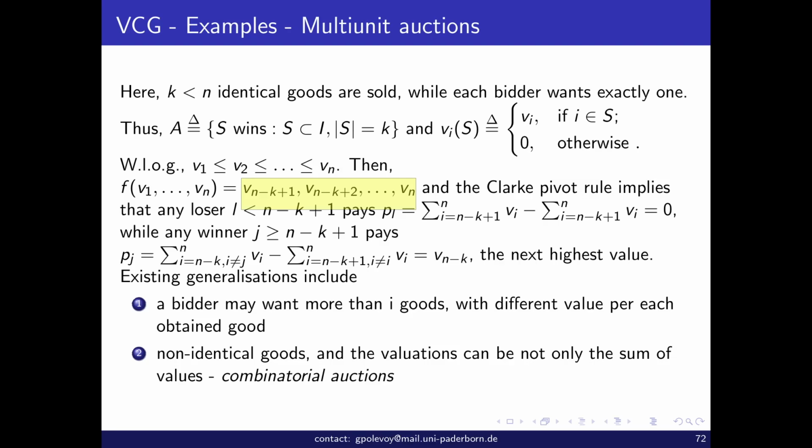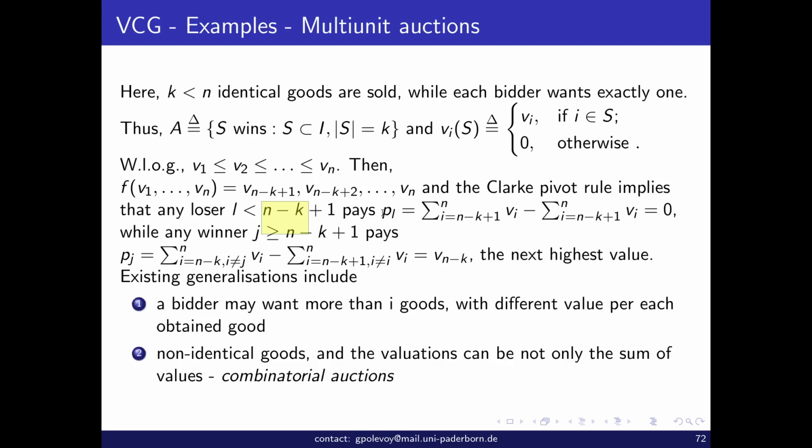Now, what is the Clarke pivot rule here? Any loser, so everyone who is smaller than n minus k plus 1, pays exactly the total value of the losers. Okay, let me just take my word back.